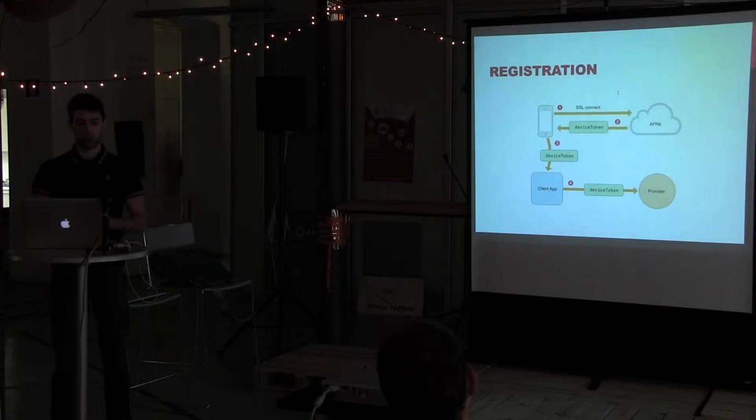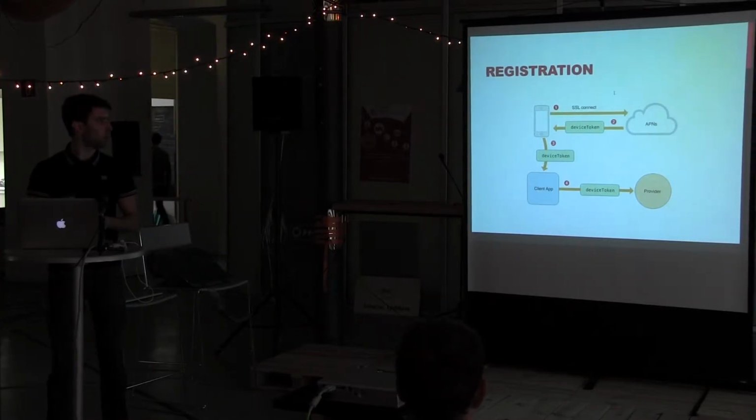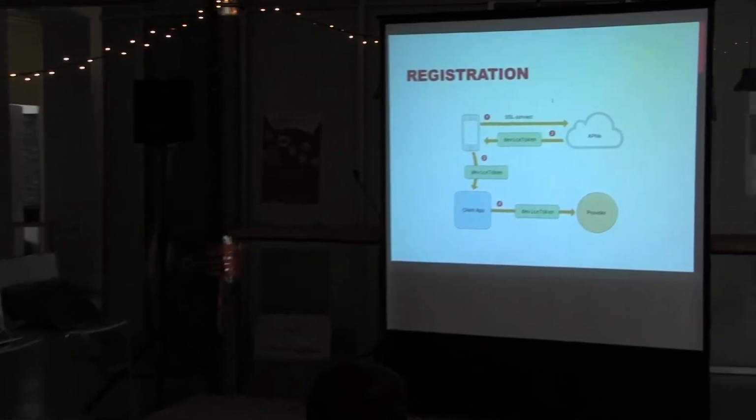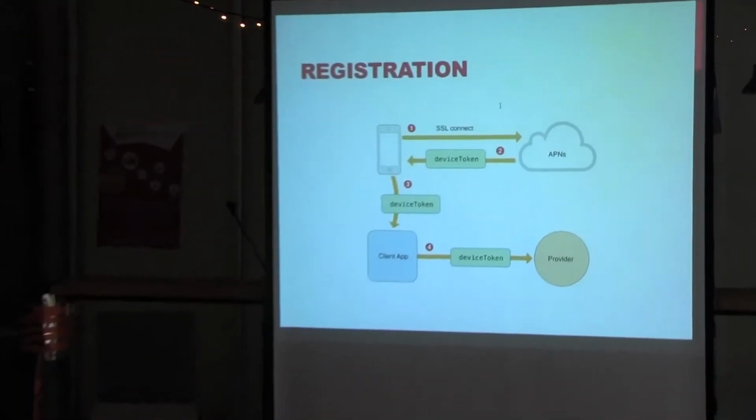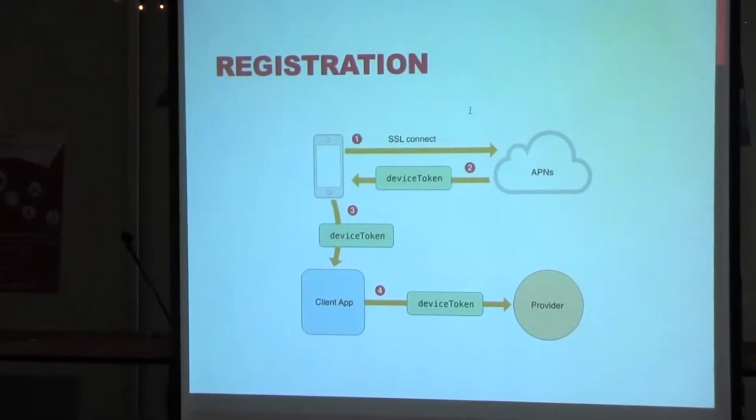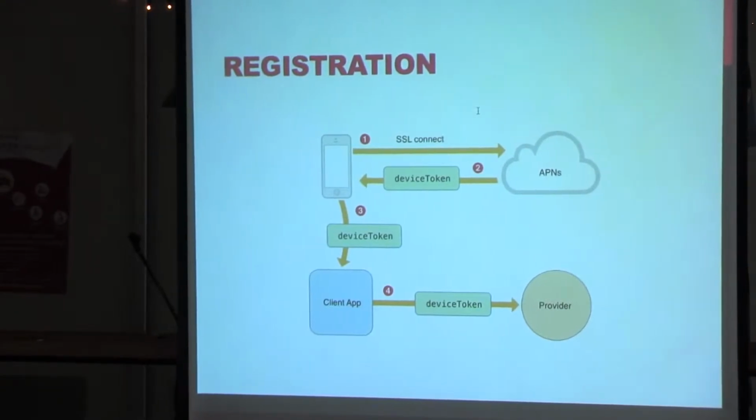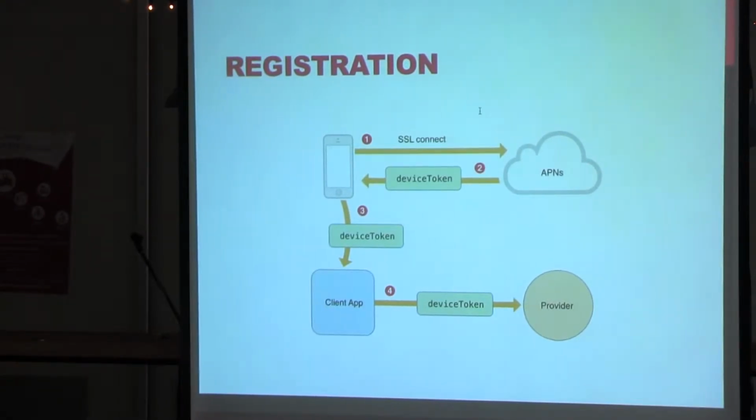So here's the typical registration flow with the Apple Push Notification Service. The steps we're actually interested in are the third and fourth. The device says it wants to register to receive push notifications, and that's the time when you get that annoying little pop-up in the application asking you if you want to confirm or reject.